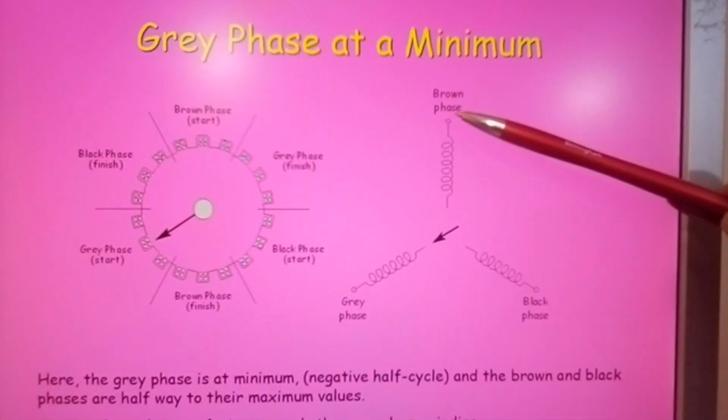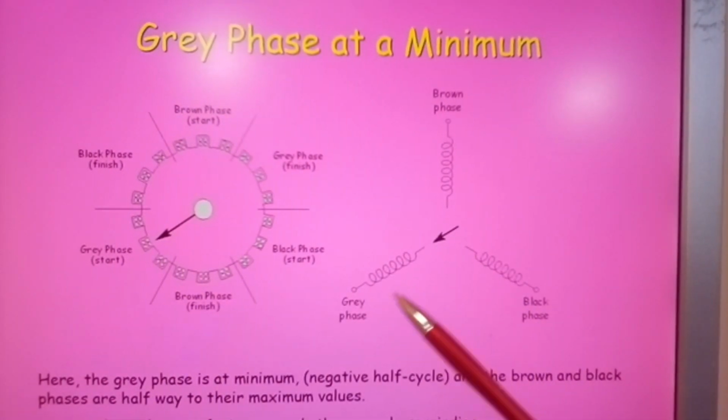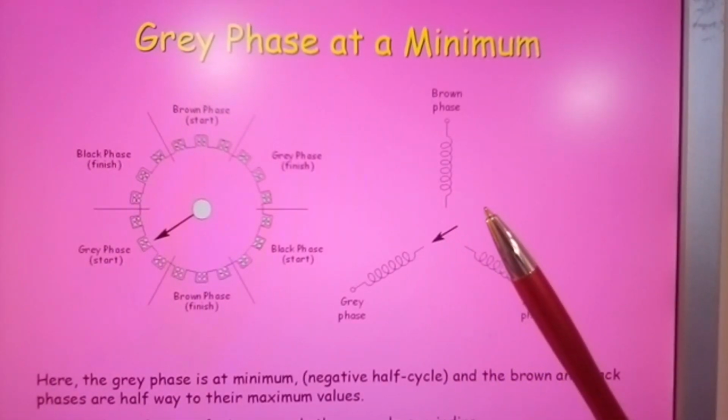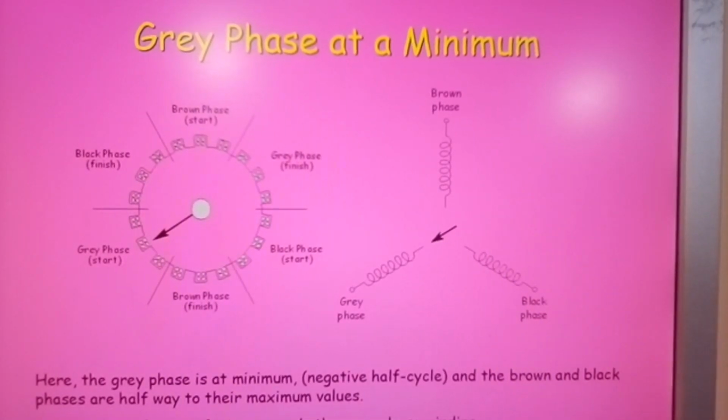And here again, all we're saying is the force is now exerted on the grey phase, because that's now taking the full brunt of the magnetic flux in order to generate the given voltage.